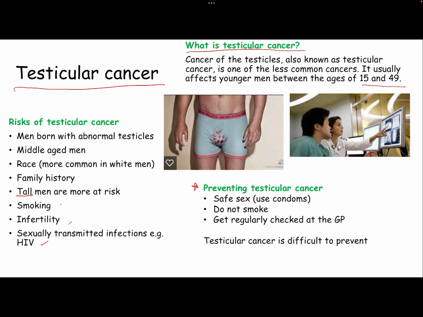Get regular GP checks, so if you sense that they are painful, or if there are any lumps, do not ignore it, but seek medical checks or medical advice. Testicular cancer is difficult to prevent.